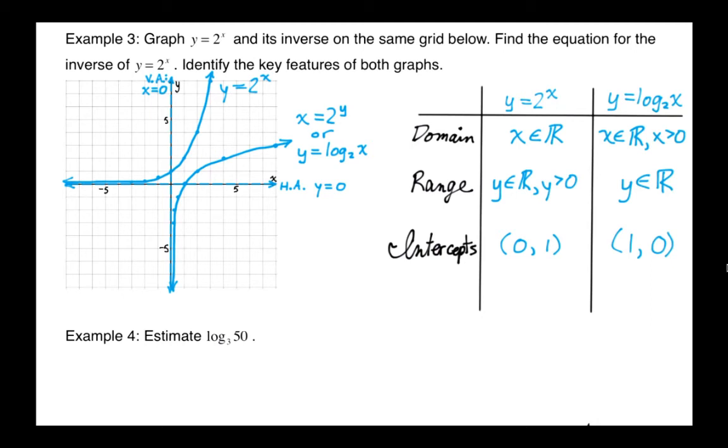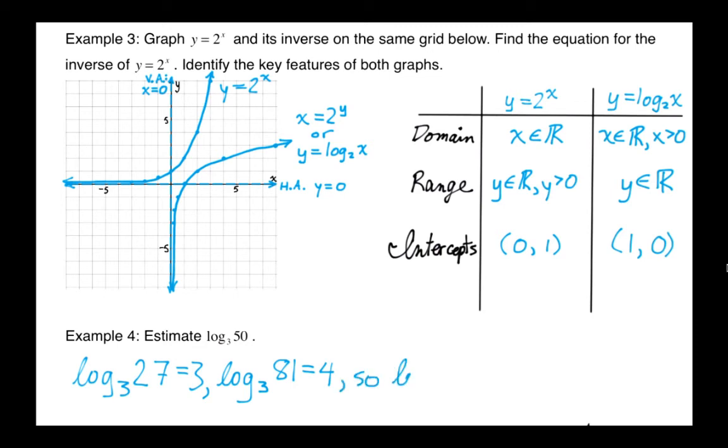So again, before we get using calculators, it's good to know how to do some evaluation using your brain and even doing some estimation. If I'm looking at this example here where it says to estimate log base 3 of 50, I know that 3 cubed is 27, and I also know that 3 to the 4 is 81.